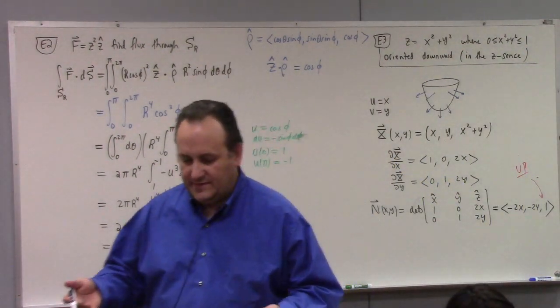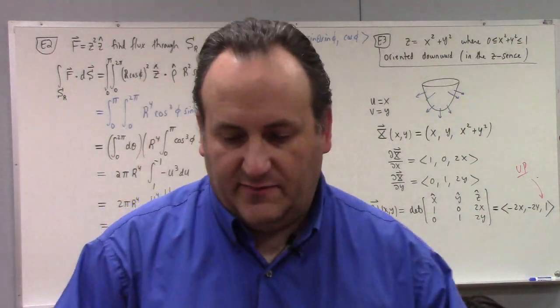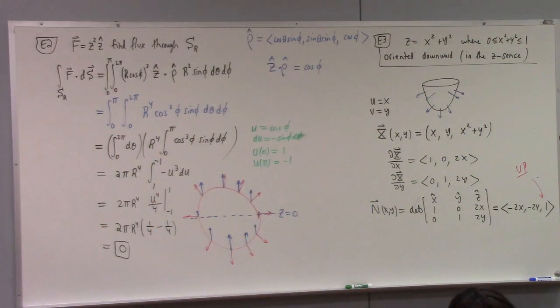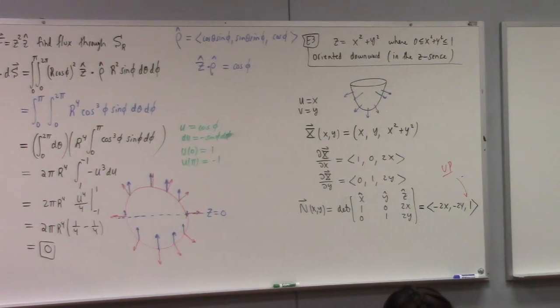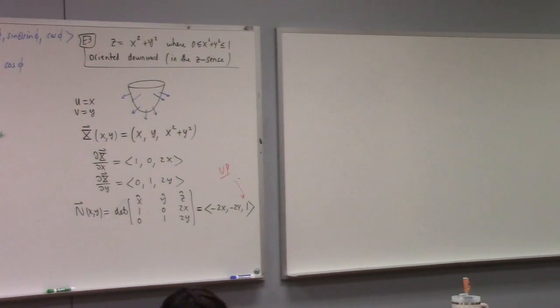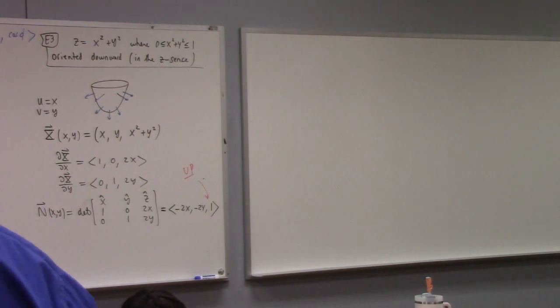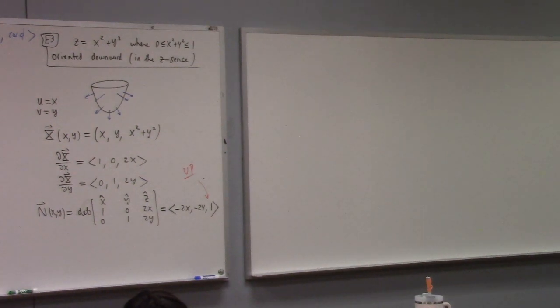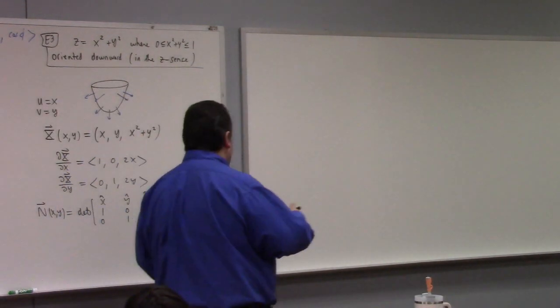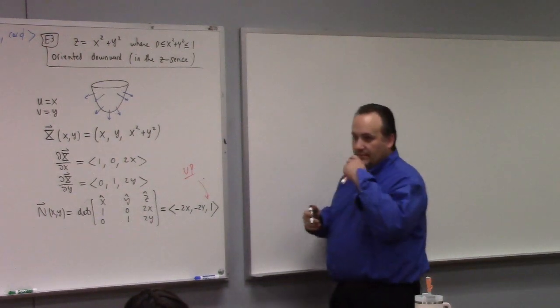No. It depends on the question. Anytime you're given a surface integral, you must demand, it is your right as a student, to know whether that surface is oriented, in which way it's oriented. Because there are two choices. There's two choices with any surface. You could set the normal on one side or the other side, right?